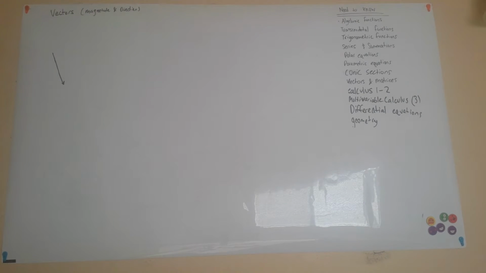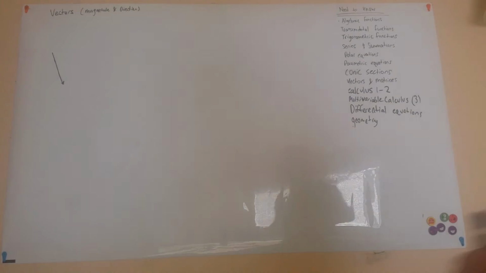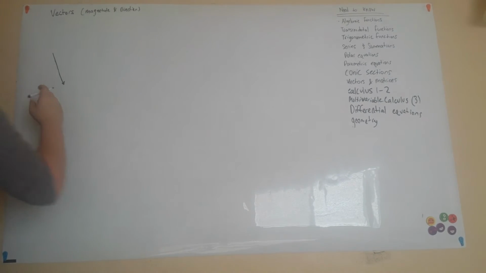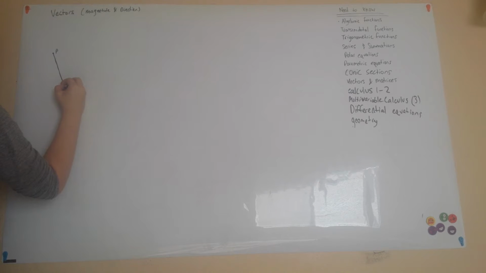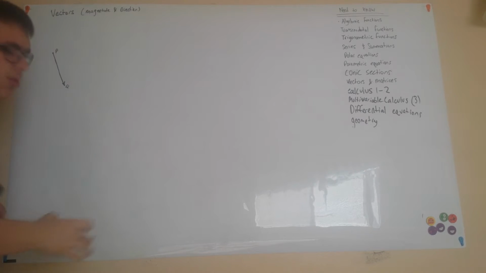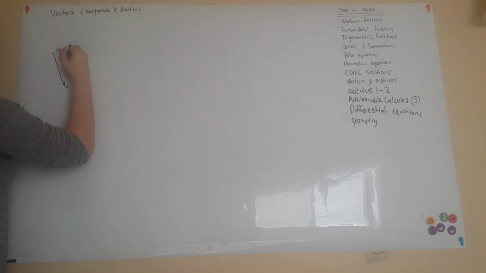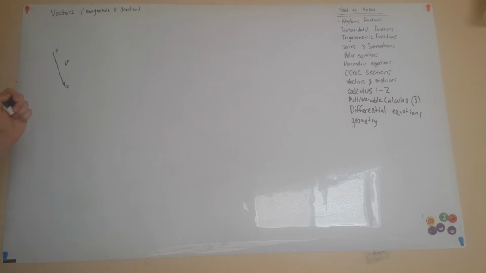So, you have your initial point, P, and then your terminal point, Q. We label this vector as any letter, I use V for vector, with an arrow on top of it.